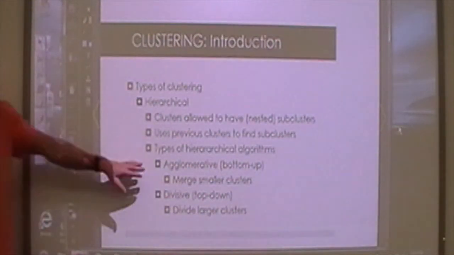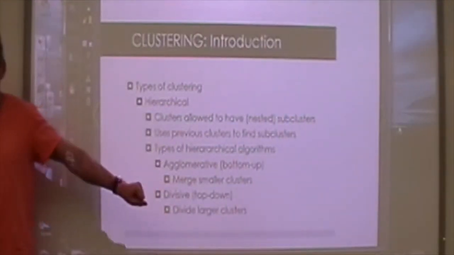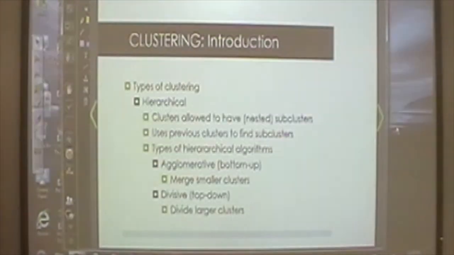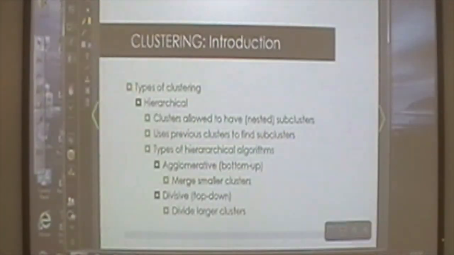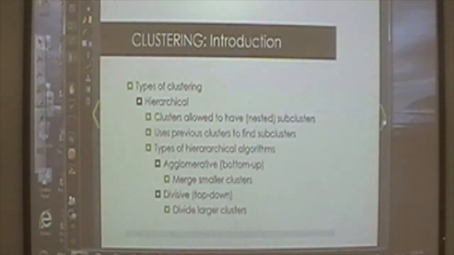My point being that some of these work on a bottom-up principle and some work on a top-down principle. Sometimes one will work better than another, and I can't tell you which. In fact, we're going to go through hopefully k-means today. It's very simple.